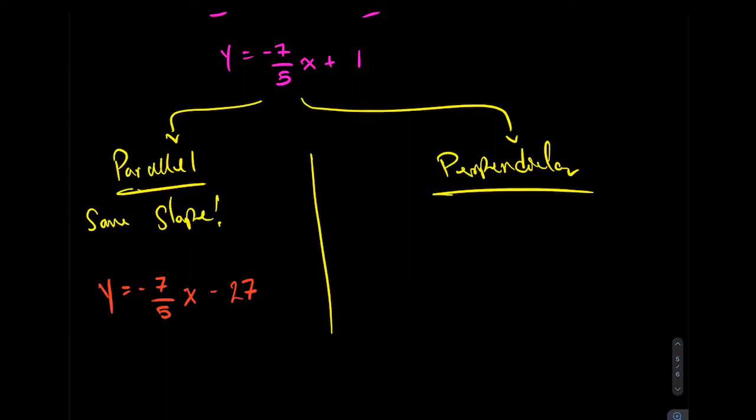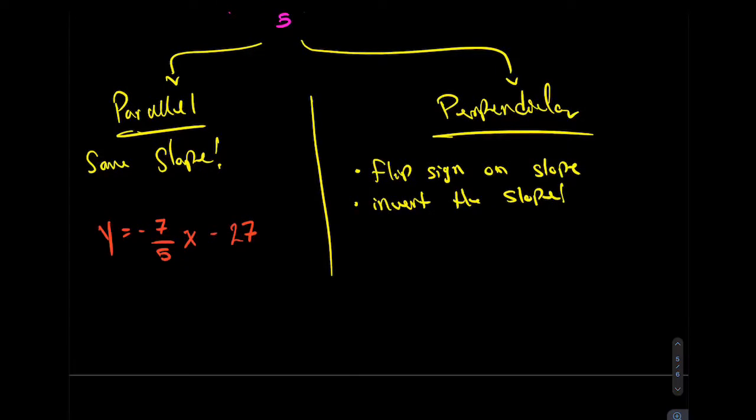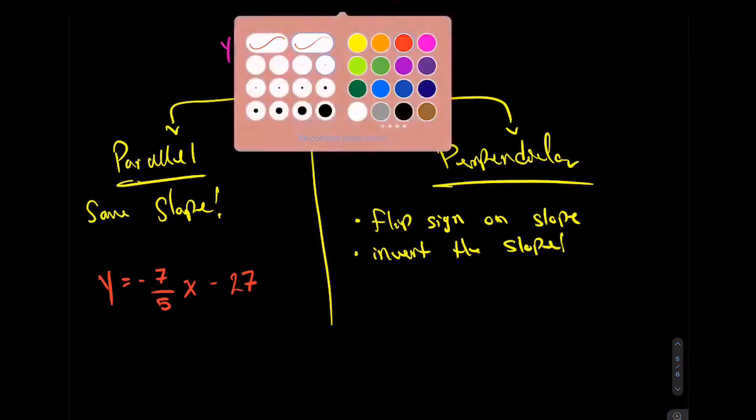And what about perpendicular? Flip the sign on the slope and invert the fraction. Invert the slope. So what would that look like?